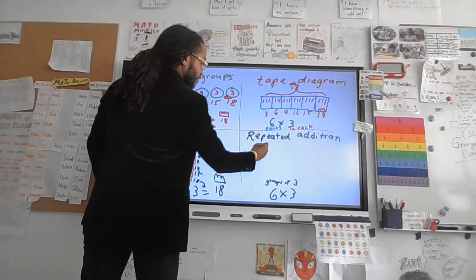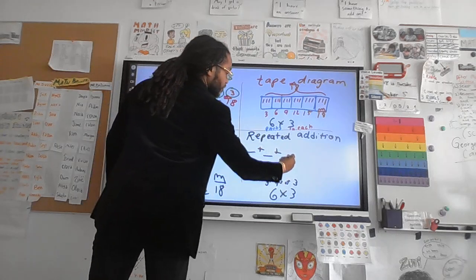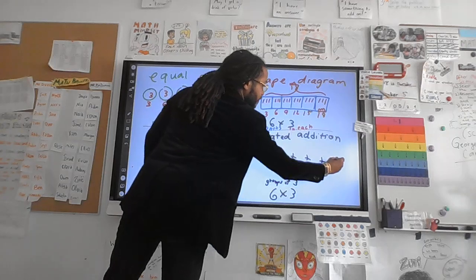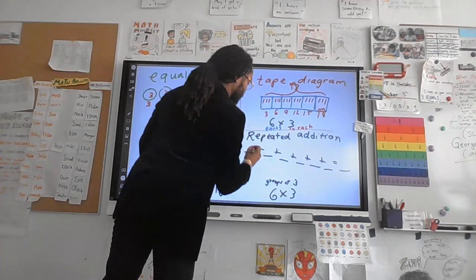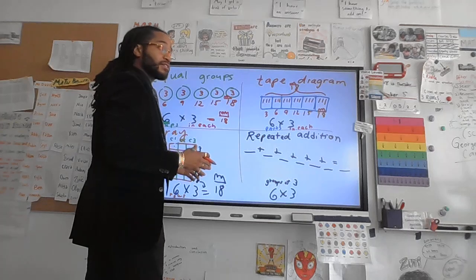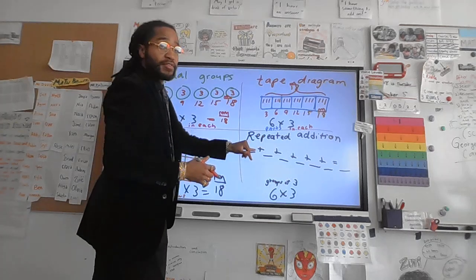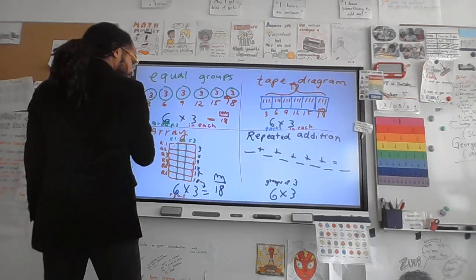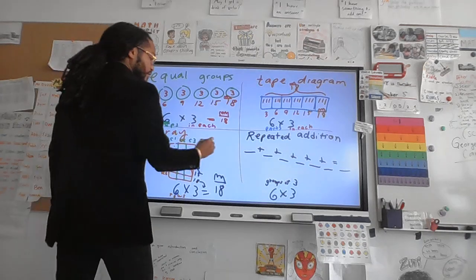But there's 1, 2, 3, 4, 5, 6. So students that may not know their facts, they still have a good foundation in addition most of the time. And we can do that.